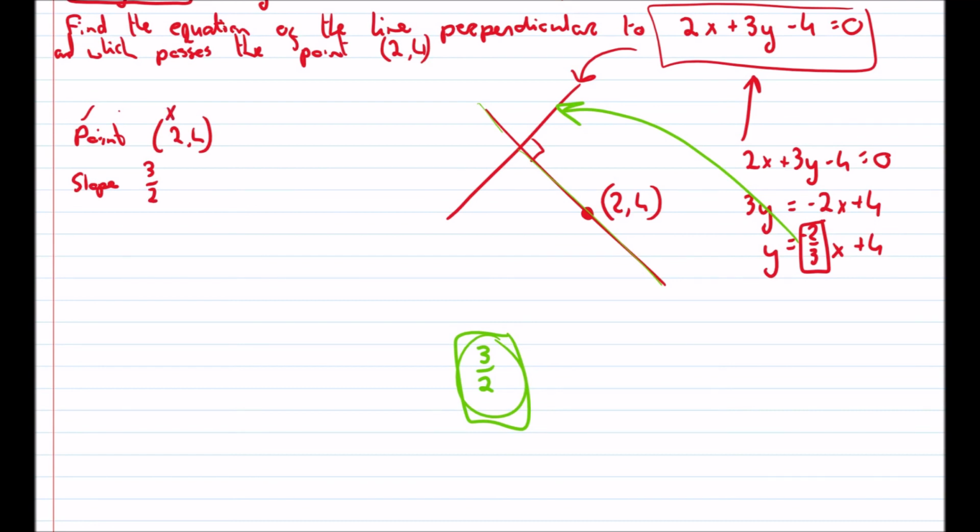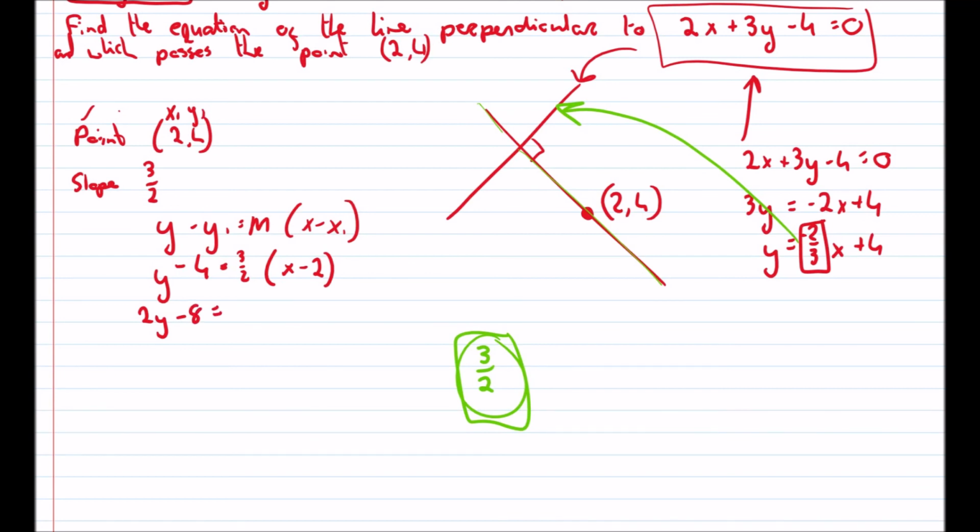Okay, here's our sides, x1, y1. Put it into our formula, y minus y1 equals m times x minus x1. y minus 4 equals 3 over 2 times x minus 2. Multiply this side by the denominator. 2y minus 8 equals 3x minus 6.